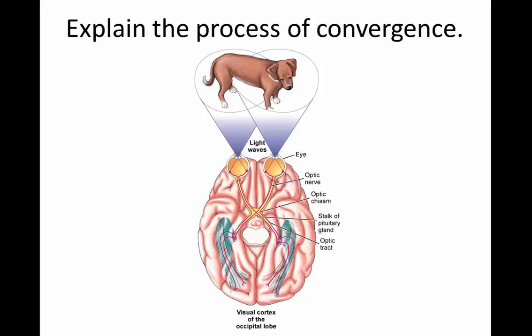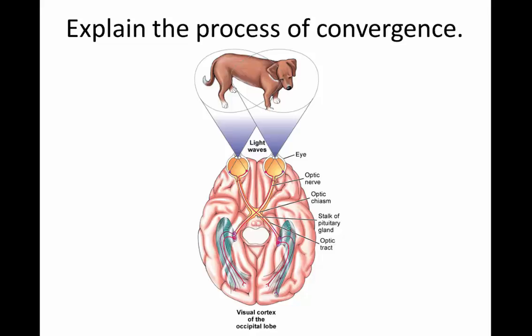And what we can notice here is that the action potential traveling along the neurons of the optic nerve will move along such that information from the right side of each of the eyes will end up on the right side of the brain, because the information from the right side of the left eye here crosses over at the optic chiasma to the right side of the brain. Information from the left side of the right eye travels along the sensory neuron and crosses over at the optic chiasma to the left side of the brain.